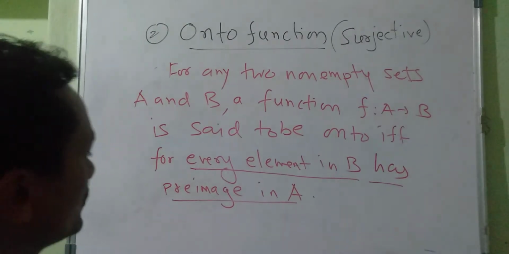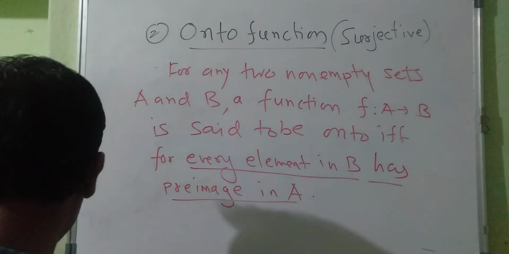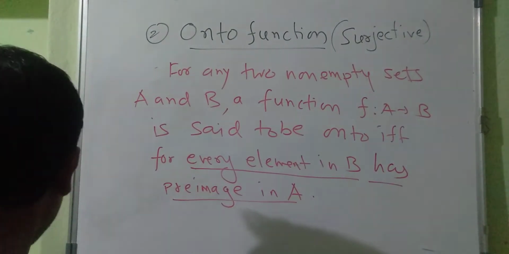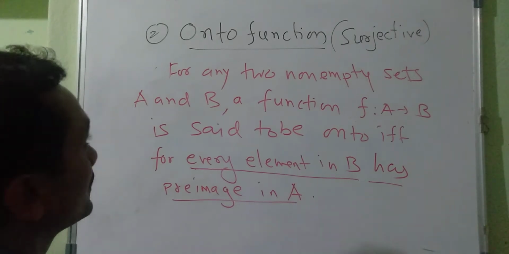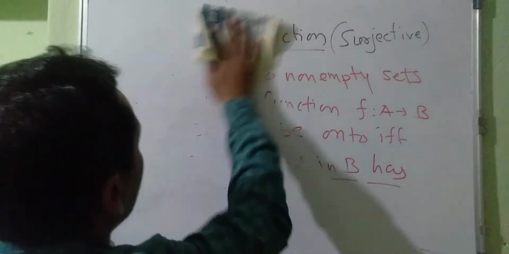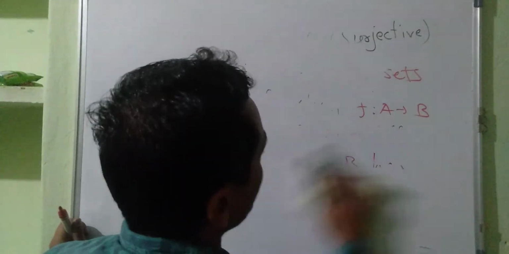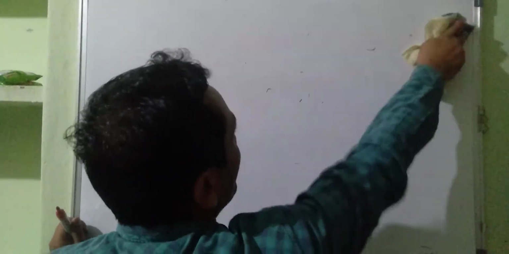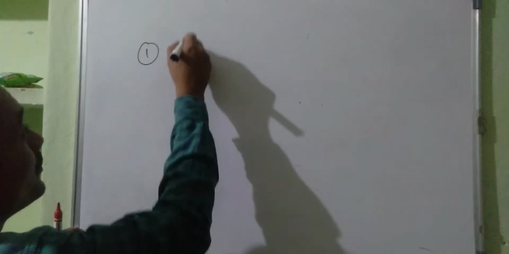Now we just check some functions for whether they are onto or not. We will check for ontoness. Take the example, let us take again the same function f of x equal to e raised to x.